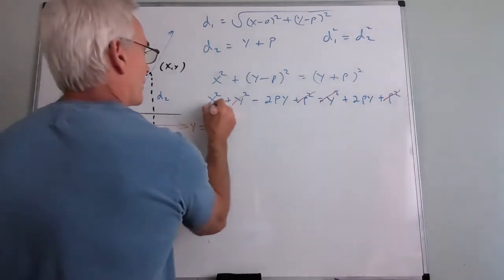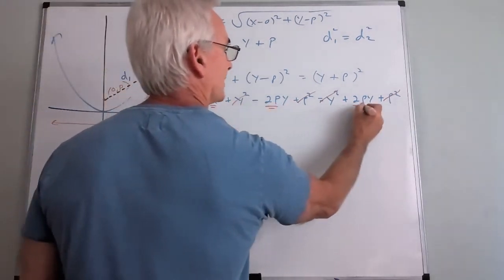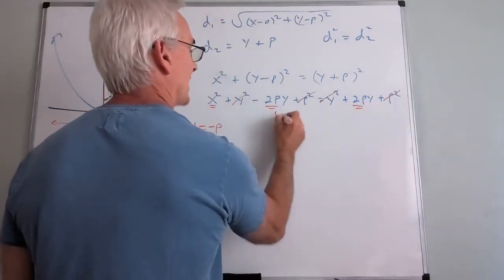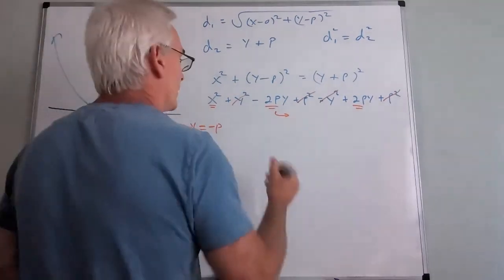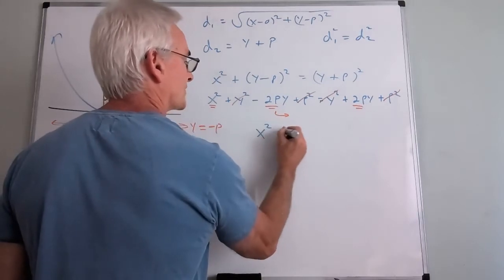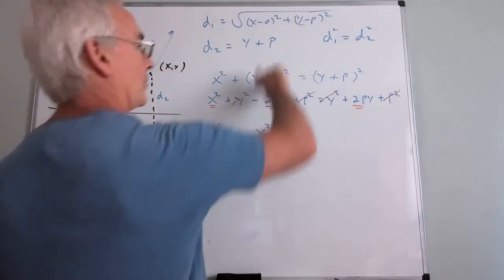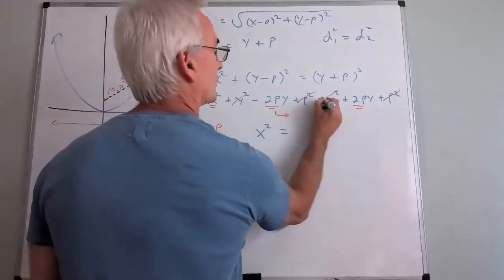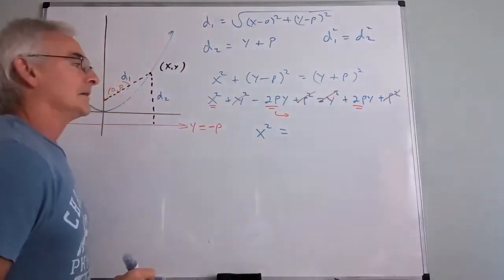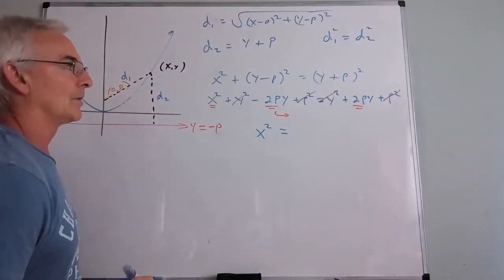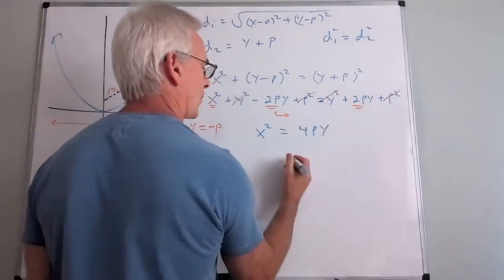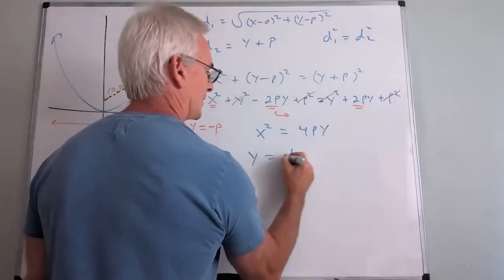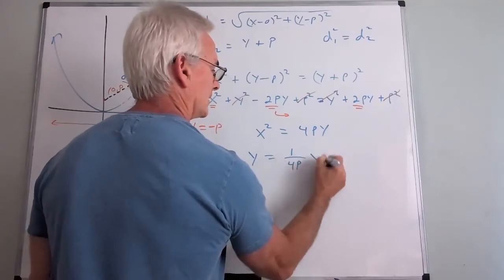That only leaves that, and that. So why don't we send that guy packing? Right now, the left side is x squared. What's the right side? If I throw that on the other side, remember there's an equals here. 4py. And we said we'd like to write y equals. So wouldn't that be y equals 1 over 4p times x squared?